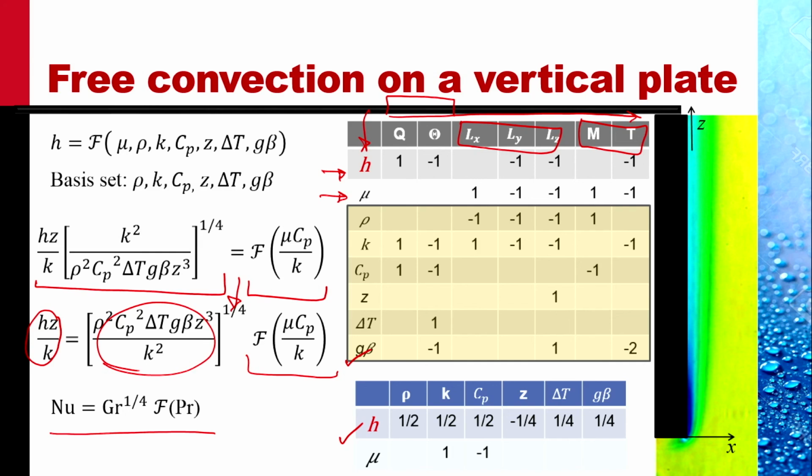So the Nusselt number is like Grashof number raised to power 1/4 times a function of Prandtl number. This will also require a number of experiments to establish the functionality of Prandtl number. But the number of experiments required now would be far fewer. This illustrates the power of directional analysis. Thank you.